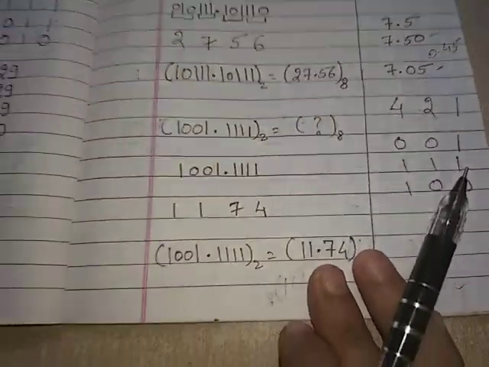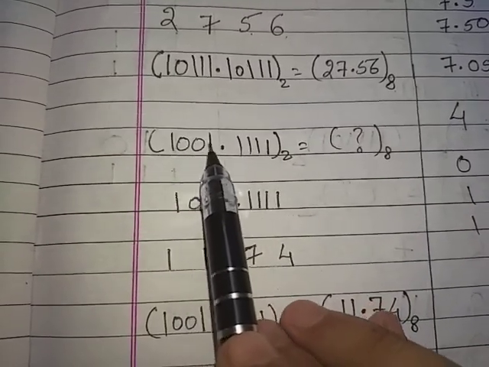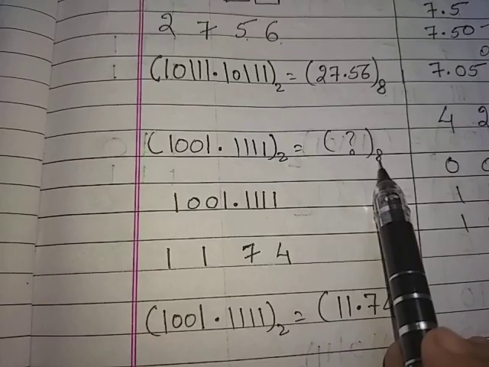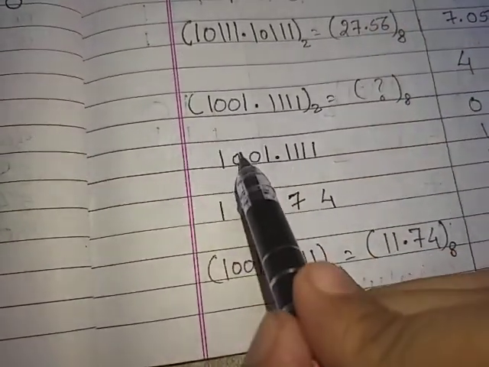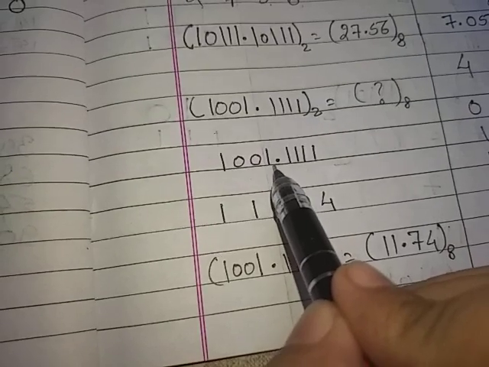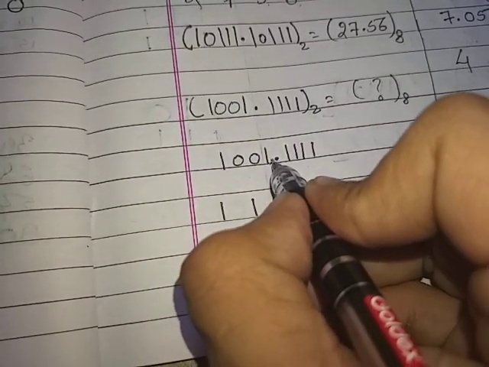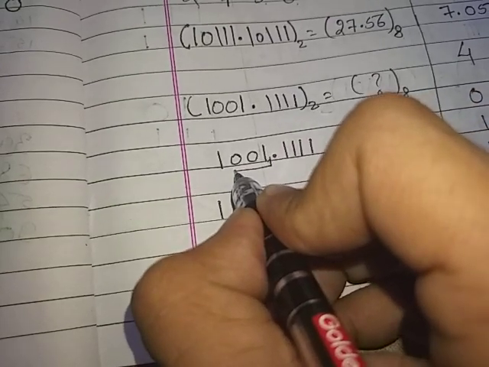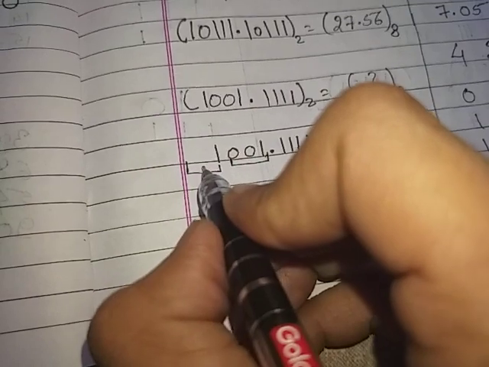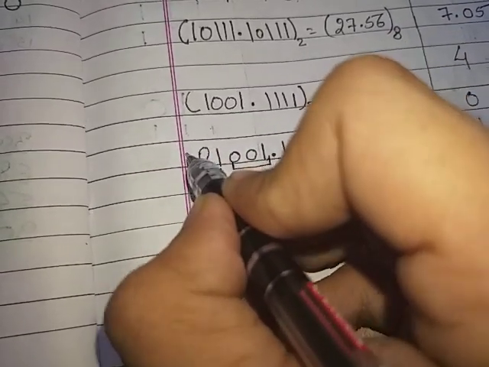Now let's see one more example. If I have to convert 1001.1111 radix 2 into radix 8, first I will write the binary number as it is, then I will make groups from either side of the decimal point. So here I start making a group of 3 bits, 1 and this is 2. There are 2 bits less in this group, so I will add 2 zeros.